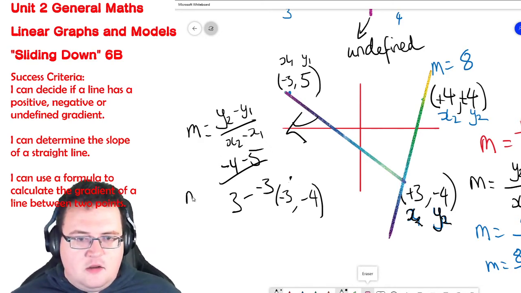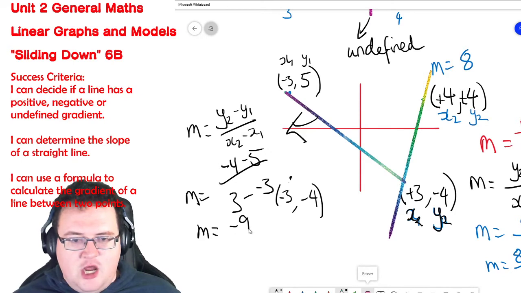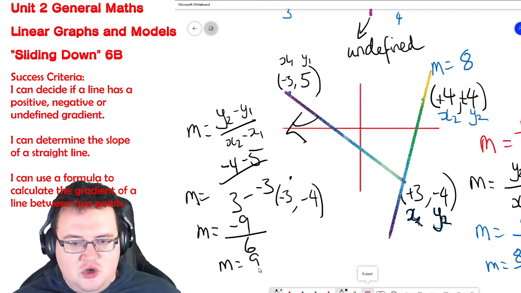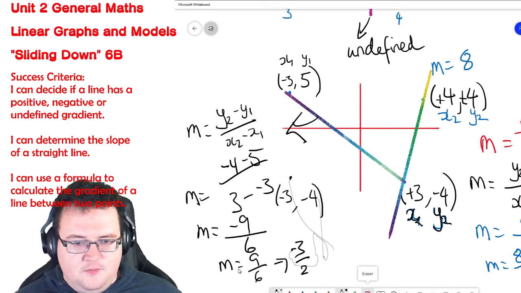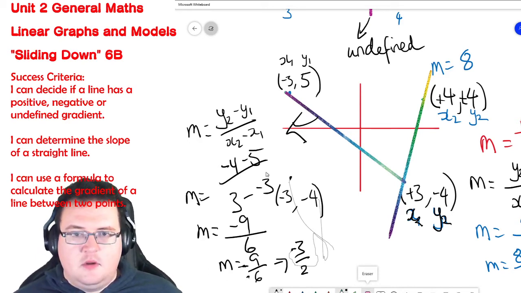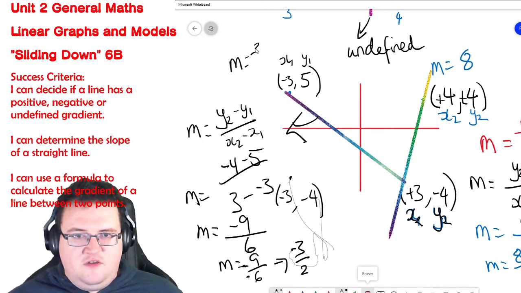So that then comes out as m equals minus 4 minus 5, which is minus 9, over 3 minus minus 3, which is 3 plus 3, which is 6. So that means m is equal to negative 9 over 6, or in actuality, simplify it down to negative 3 on 2. So this here, m equals negative 3 on 2.